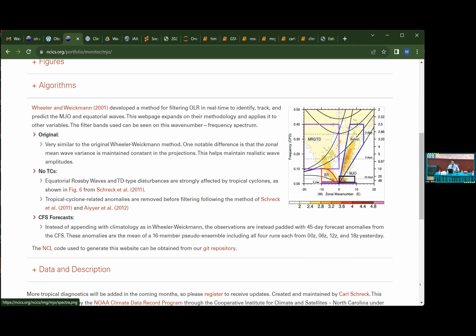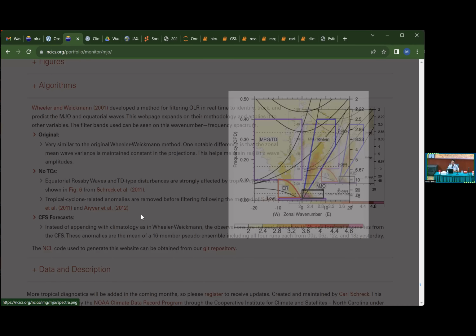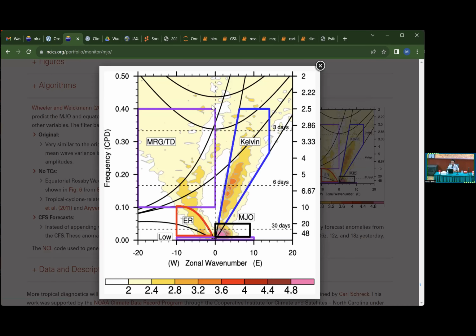This line is the theoretical MRG shallow water equation solution. Because in this NCICS method they also want to filter the MRG TD, they use this box filtering.